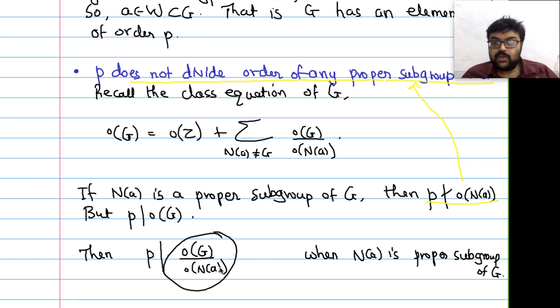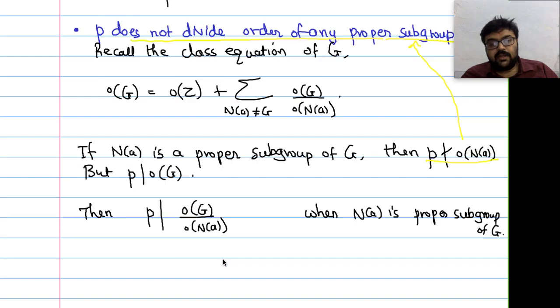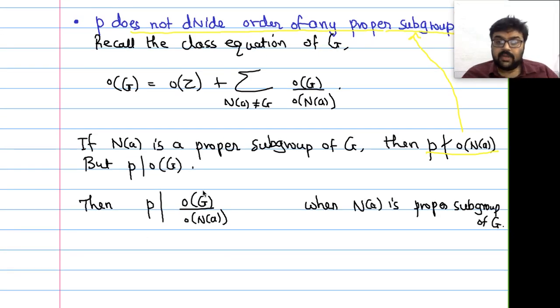Why is it an integer? Because NA is a subgroup, so its order is a divisor of order of G, so order of G upon this divisor is again an integer. So P divides order of G upon order of NA, and this is true for all such NA.